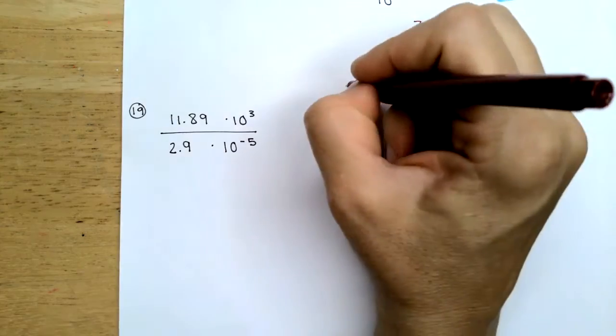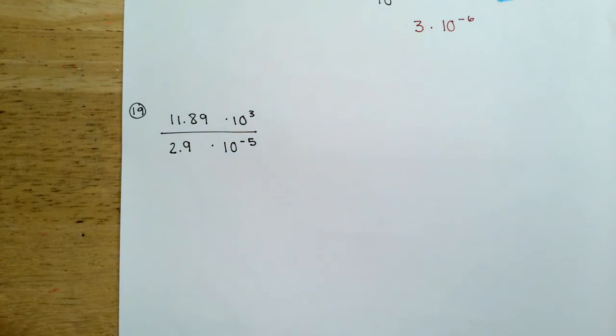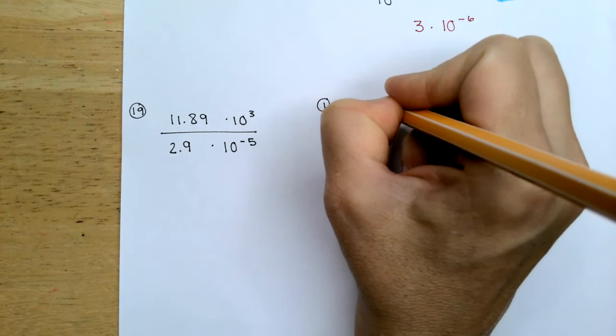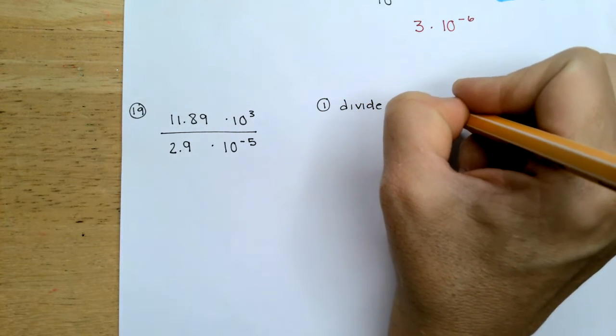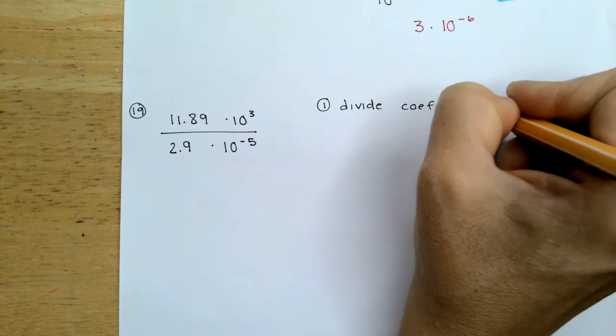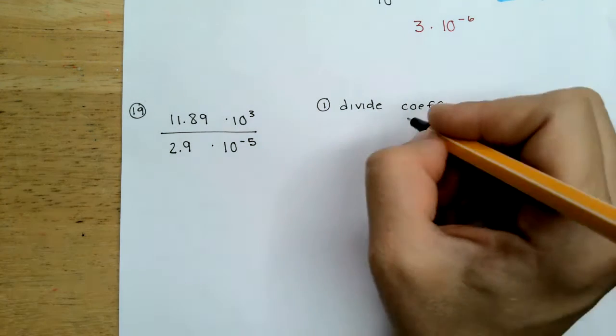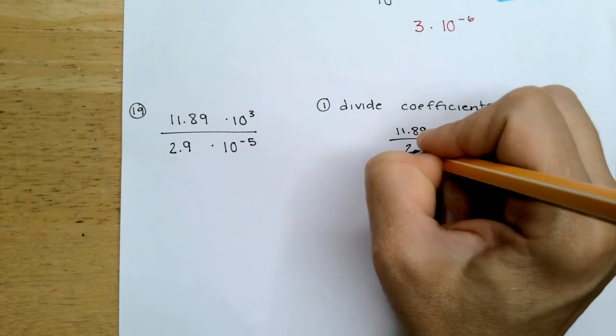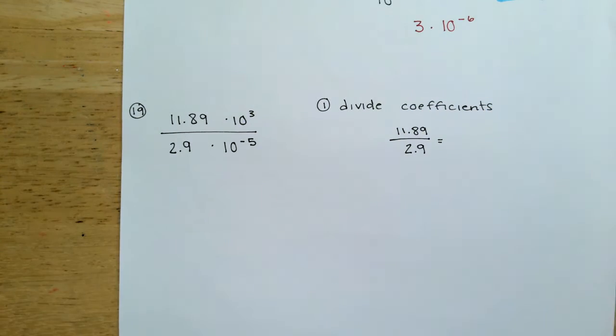So step 1 was divide the coefficients. Or just divide the decimal numbers. 11.89 divided by 2.9. Just put that into your calculator.